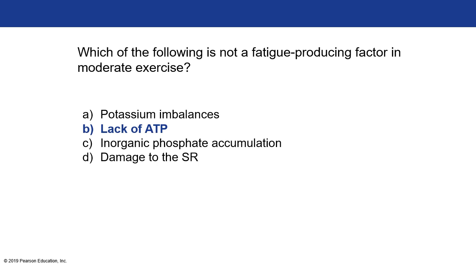So here, lack of ATP is not directly producing fatigue, right? What is producing fatigue is excess of inorganic phosphate that came from the ATP, but not directly the lack of ATP itself. Damaged sarcoplasmic reticulum, that hurts. That produces fatigue, right? Intuitively, you say that hurts. Okay.